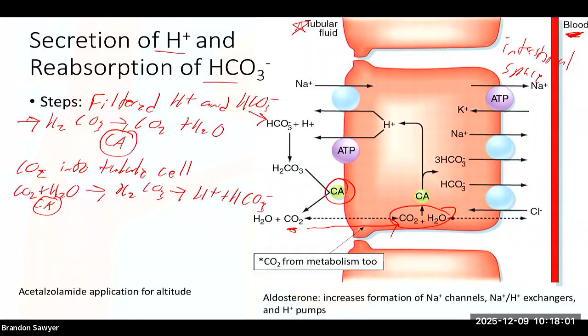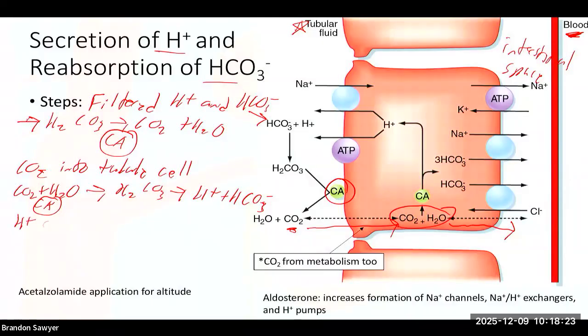Okay, so we do that process in the lumen, in the filtrate, and then we take the CO2 in and do that same process again inside the kidney tubule cell. Now we can reabsorb some of that water here, right? We can take that back in. We can then send out the hydrogen.